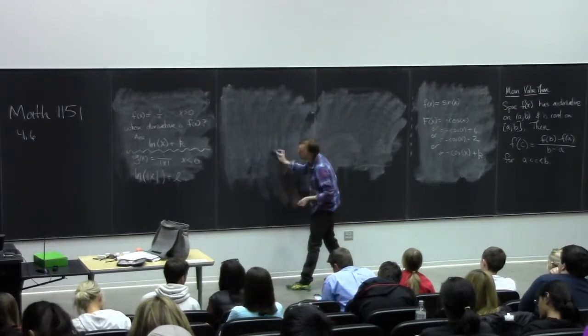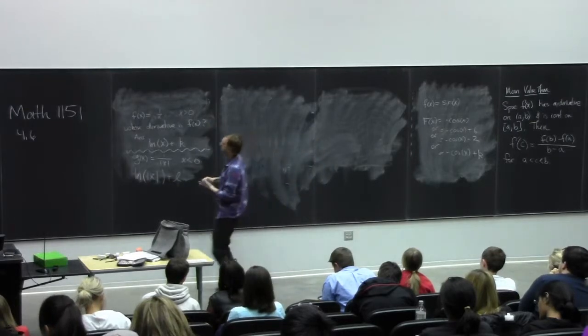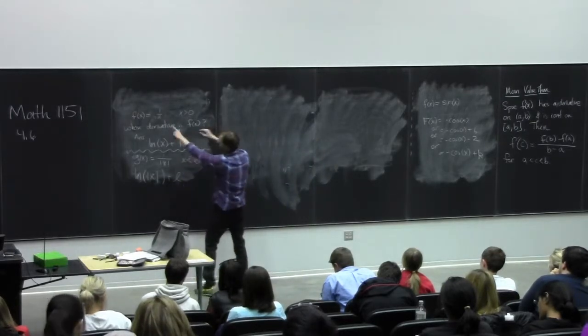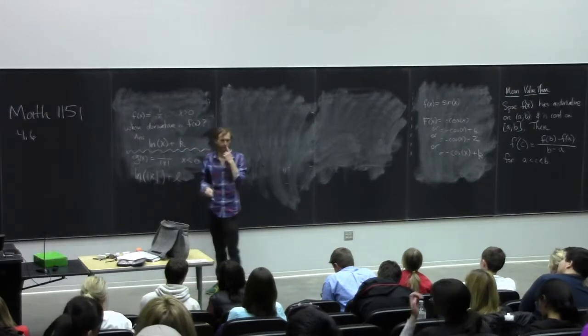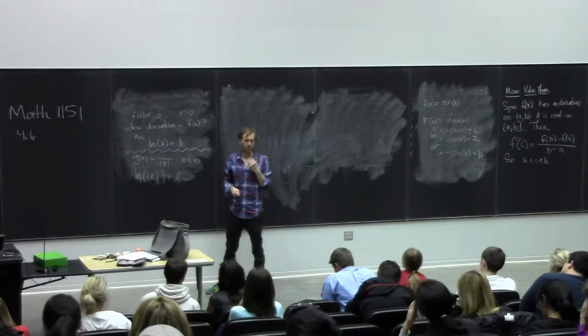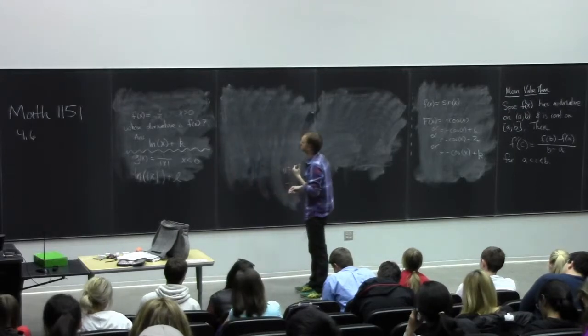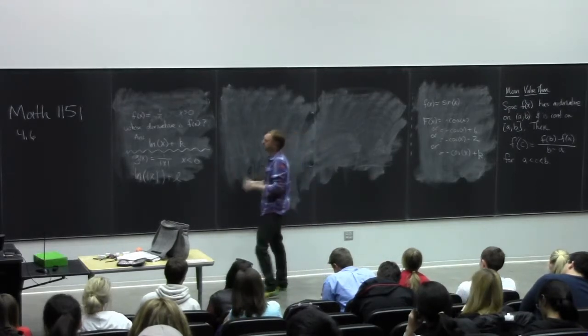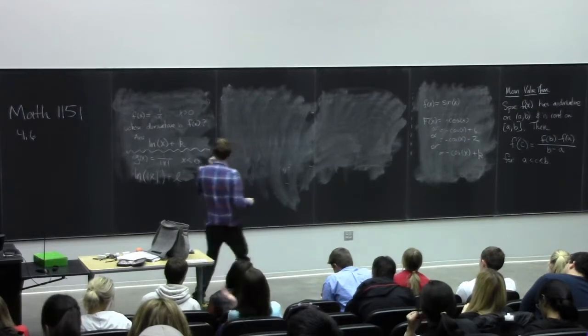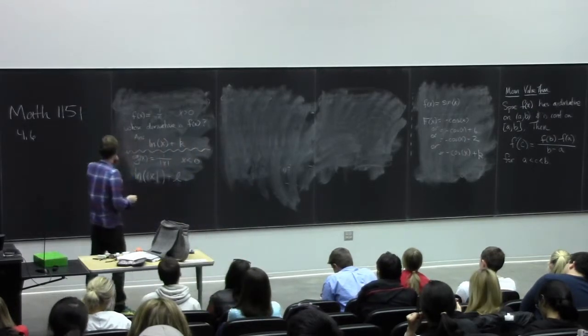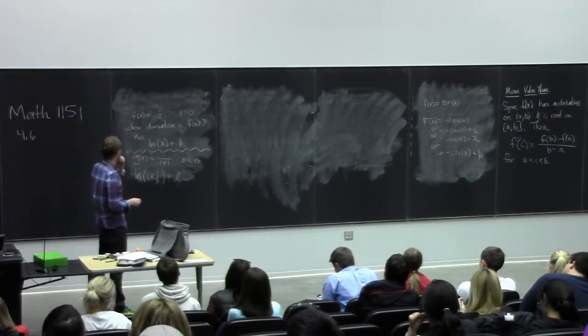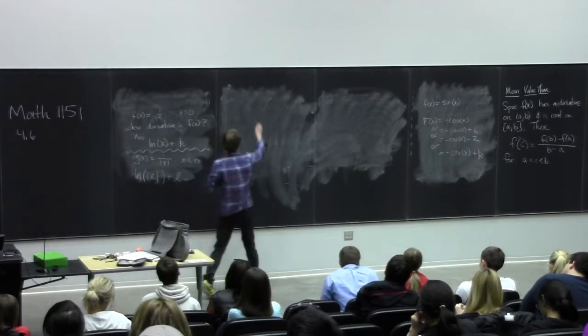Because when x is positive, isn't this equal to this right here? Right? What I'm saying is, the derivative of natural log of x, what's it look like?